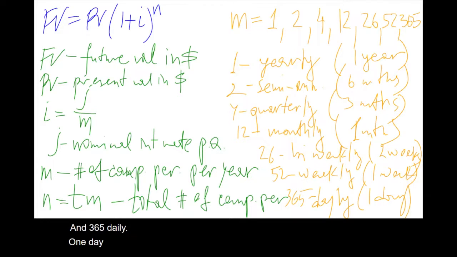Okay, those are the numbers that m can assume in compound interest.